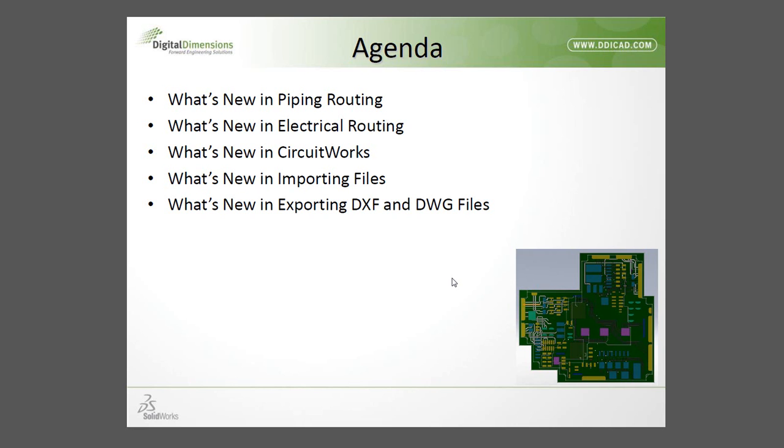And in CircuitWorks, there's now a new format that'll help collaborate better with your mechanical group with the electrical group on the ECAD side. And go over what's also new on importing files, bringing in STEP and IHS files, and end with what's new in exporting DXF and DWG files. There's some new options when you save out those formats.